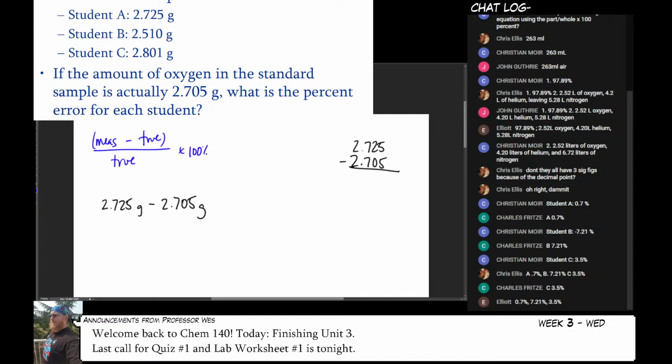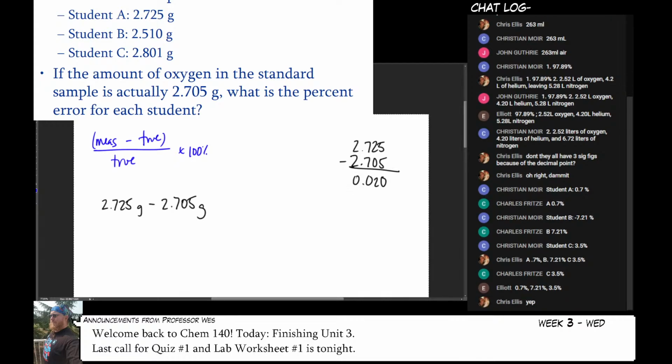Do you see your mistake? Oh, and I can't find the thing that I'm looking for. There it is. Okay. So I'm going to subtract this. And we have, guess how many sig figs there are there?